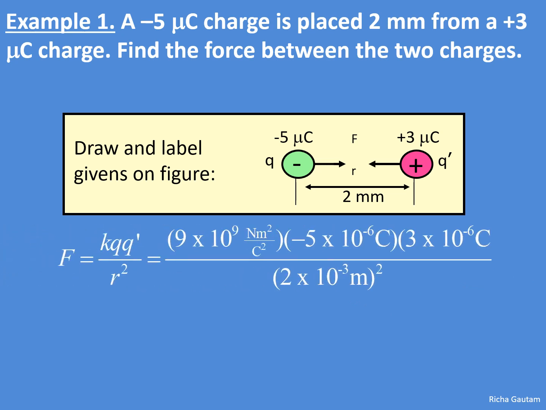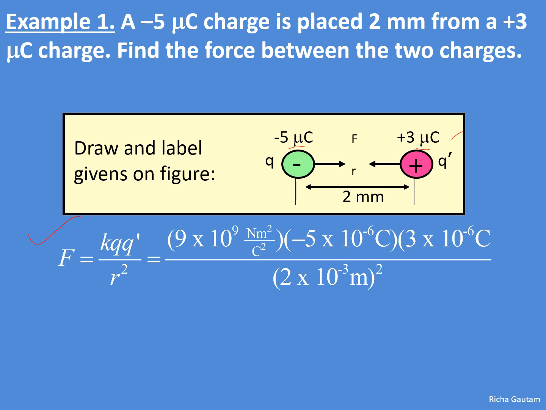So now the force between these two charges, negative 5 micro coulomb and plus 3 micro coulomb: the formula from Coulomb's law is F equals K Q1 Q2 divided by R square. And whenever you have micro or nano, you have to convert that. K is 9 times 10 raised to power 9.